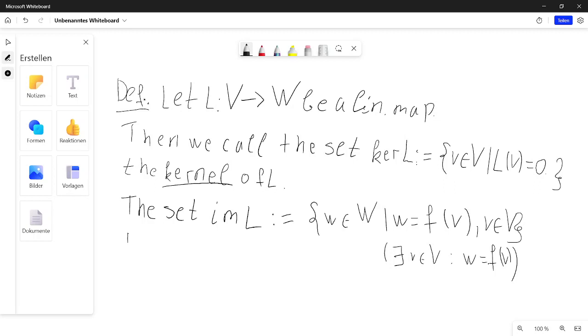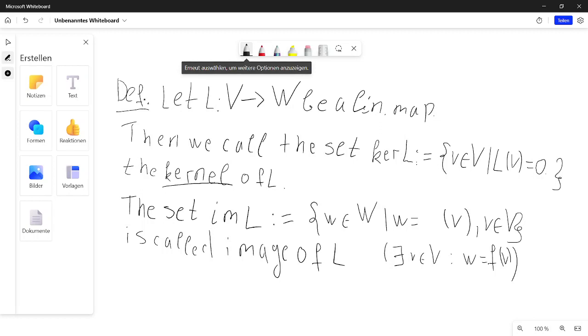It's called the image of L. And from now on, we will omit the brackets for such evaluations of linear maps, and we will write them just before the vector to which they are applied.